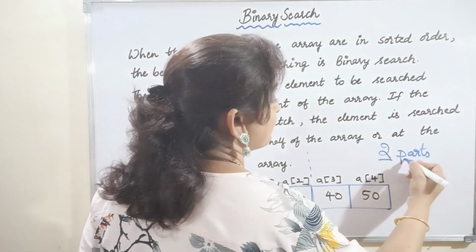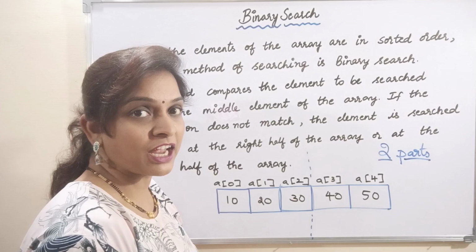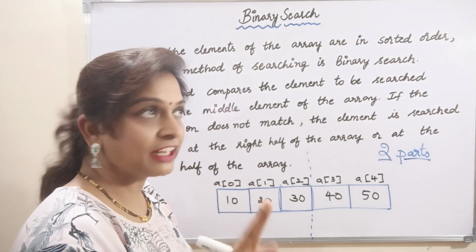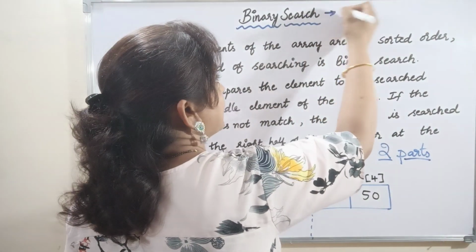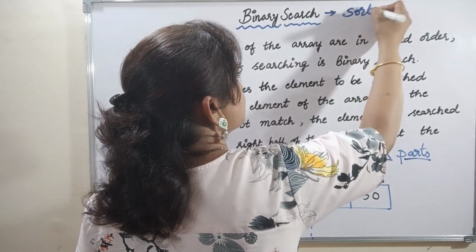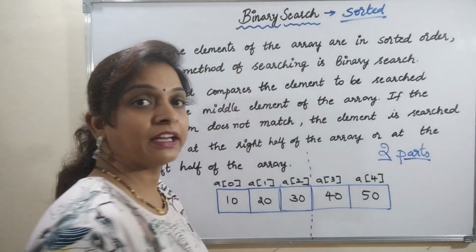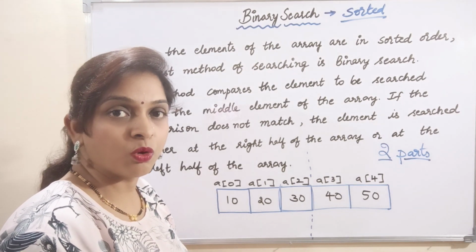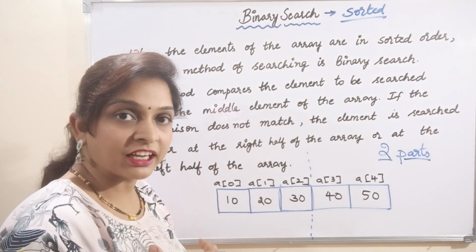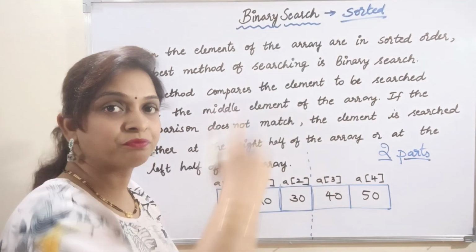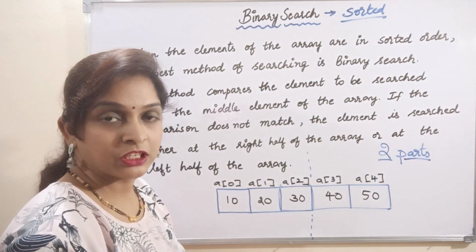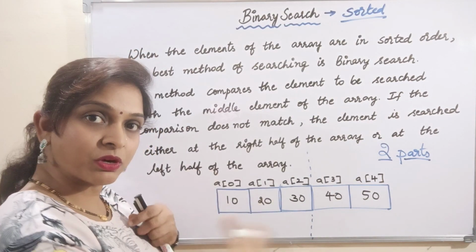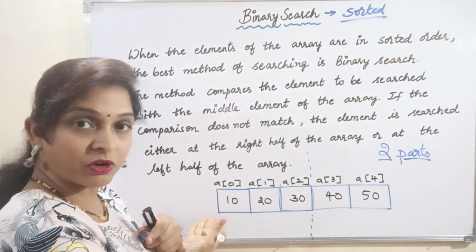So first, we divide the array into two parts. For that, the first criterion for binary search is that the elements must be sorted. I need to give a sorted array. In a sorted array, we all know the elements are arranged from lesser to larger. So all the lesser elements will be towards the left.